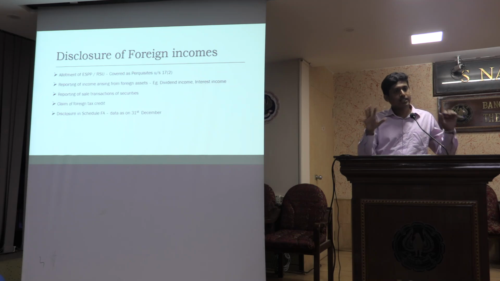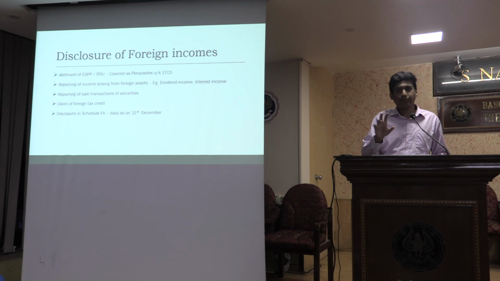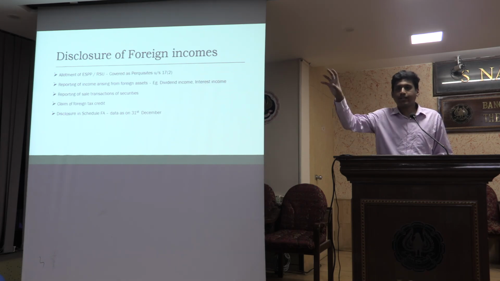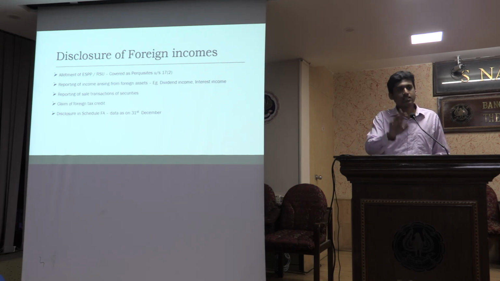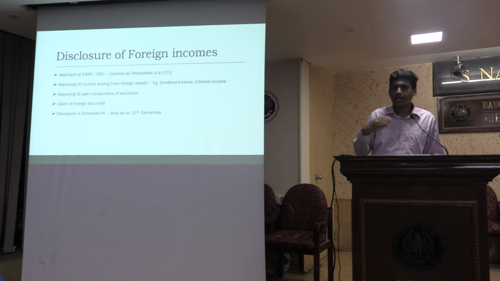This sort of reconciliation is a slightly painful exercise, but it is very essential. Say for example I have 1000 stocks of Microsoft, for which I have paid around 20 lakh rupees. As on December 2023, I disclose in my Schedule FA that I have 1000 stocks of Microsoft, which cost me 20 lakh rupees.